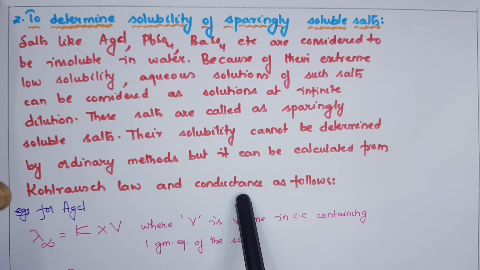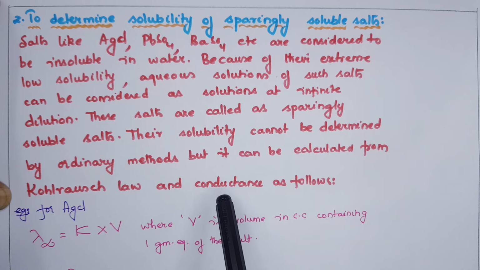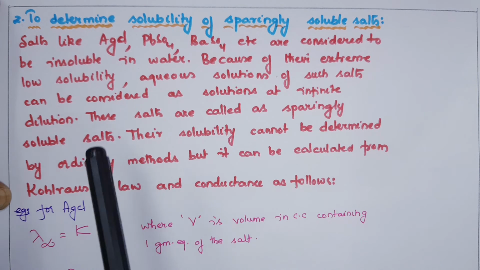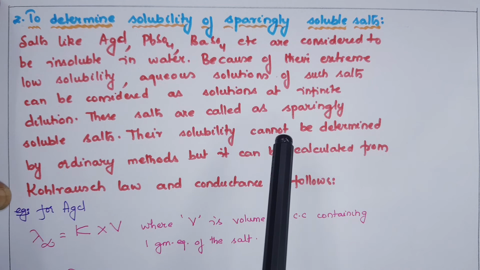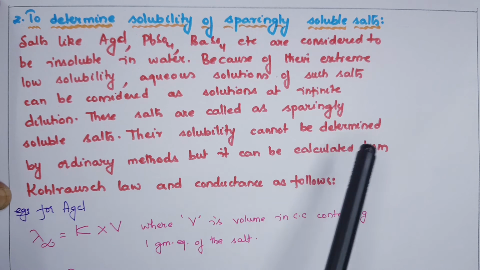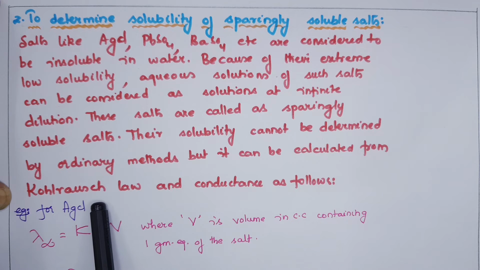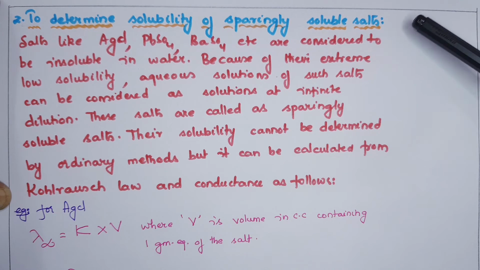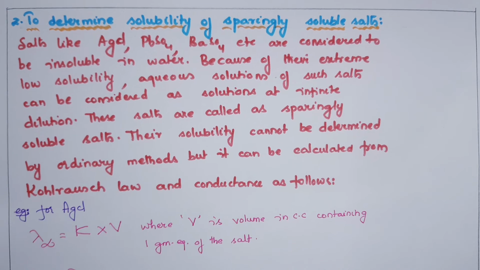These two can help us know to what extent these salts are soluble in water. That is why determining solubility of sparingly soluble salts is one of the applications of Kohlrausch law, students.